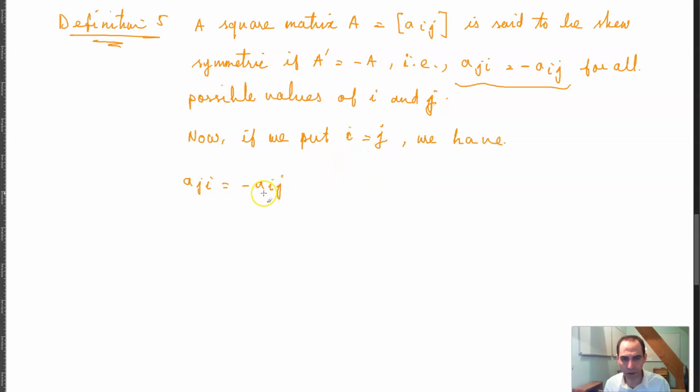If i is equal to j, then A of ii is equal to negative A of ii. Or you can take this to the other side: A of ii plus A of ii is equal to 0, or 2 times A of ii is equal to 0, or A of ii is equal to 0 for all i's.